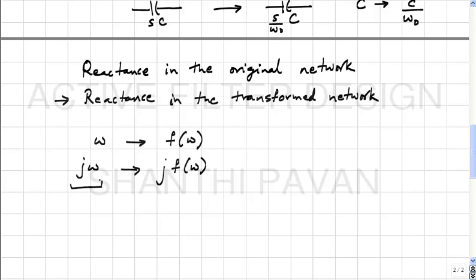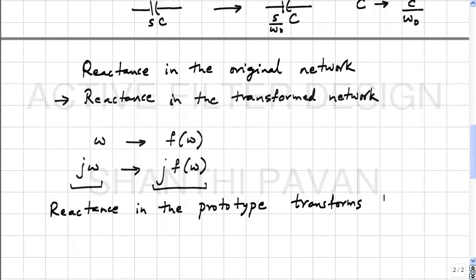So a reactance in the original network, or the prototype, transforms to another reactance in, let me call this, the final network.